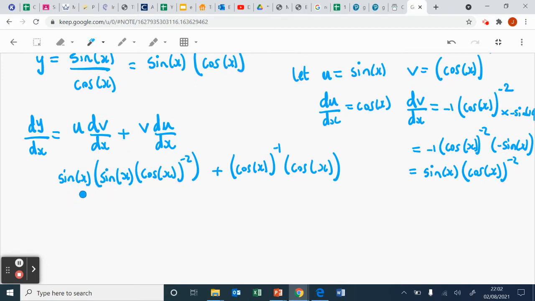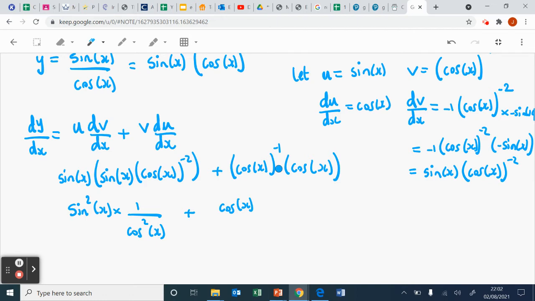Now, if we simplify this a little bit, we get sine x times sine x, which is sine squared x. Cos x to the minus 2, well, that's 1 over cos squared x. So multiplied by 1 over cos squared x. Plus, we have cos x as normal here on the right.